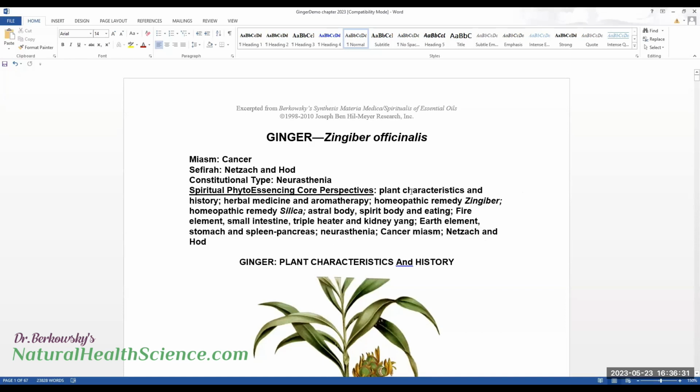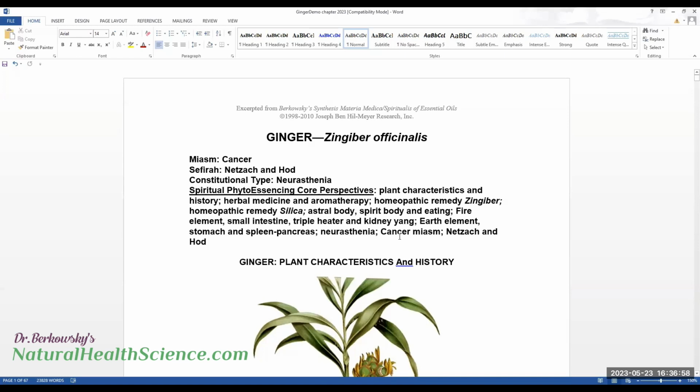They're all the roads. So, okay, I got the plant characteristics and the history, which told me something. I know a little bit more about ginger. Let me go to herbal medicine and aromatherapy. Okay, now I know some more. Let me take a look at the homeopathic remedy zingiber, which is made from ginger. Okay, that told me some more. And on and on as you go, each one makes its contribution to your understanding.